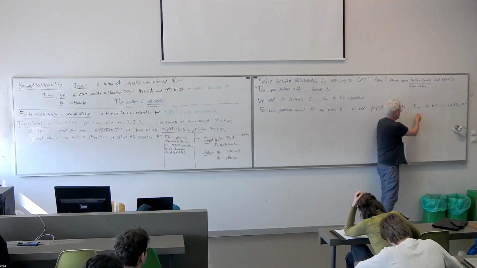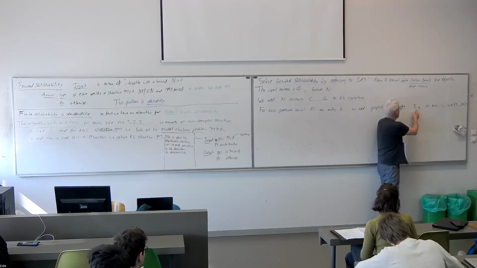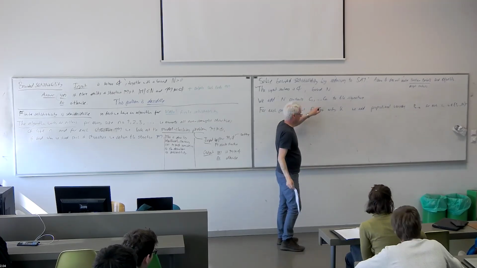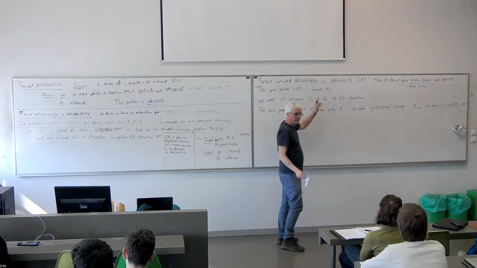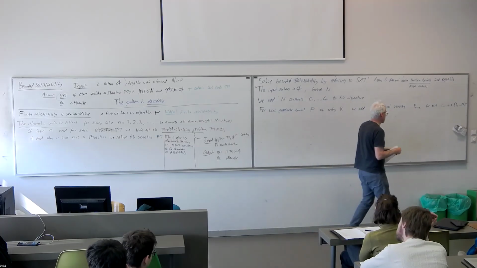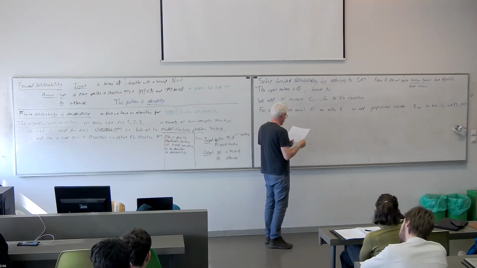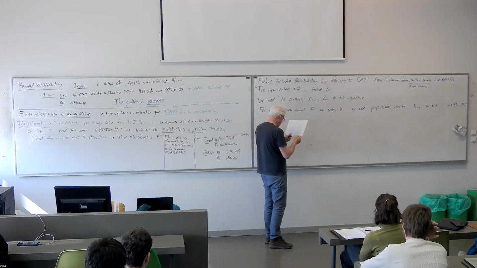So if it was 3, 4, 6, then P would be a ternary predicate, and it would be holding for the tuple of elements C3, C4, C6. So we're simply numbering the elements of the finite structure.